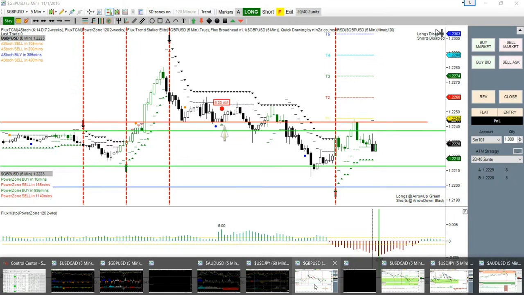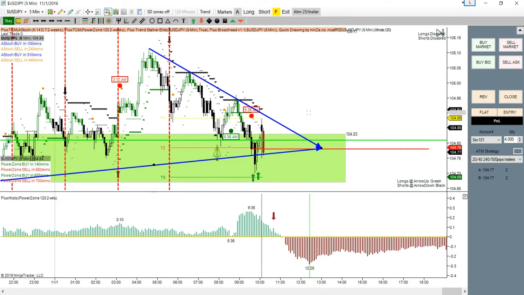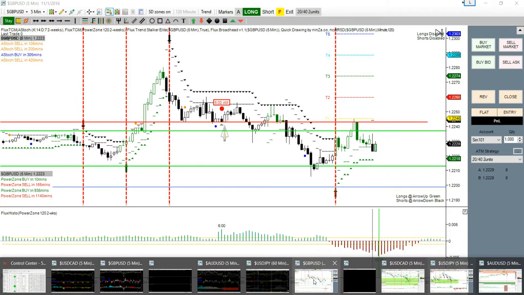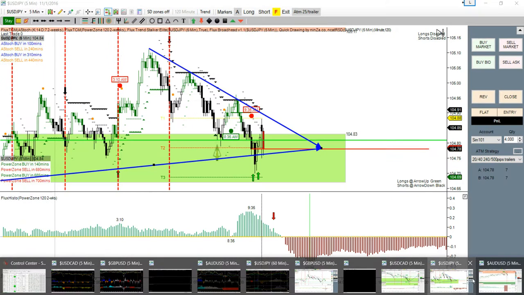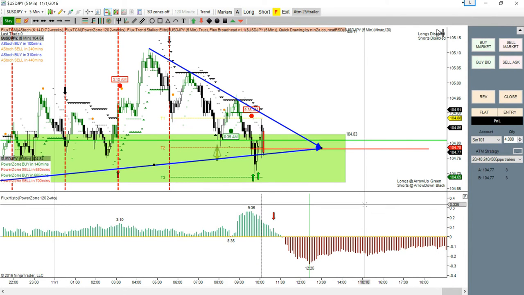All right, so that's where we're at. I guess you put them side by side. Hold on, let me see. Can I do that? Probably could do that, but I have to run out for a second. All right, so we'll see what the yen's going to do here.